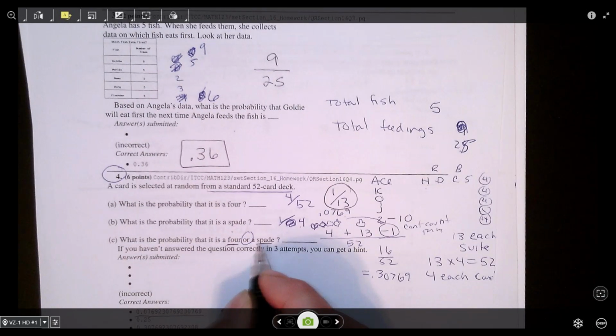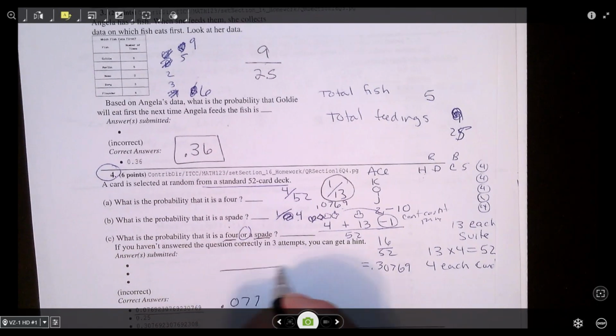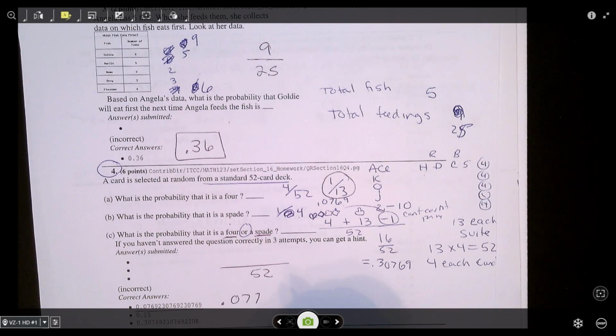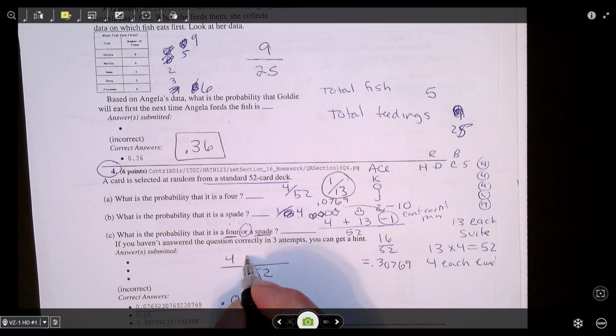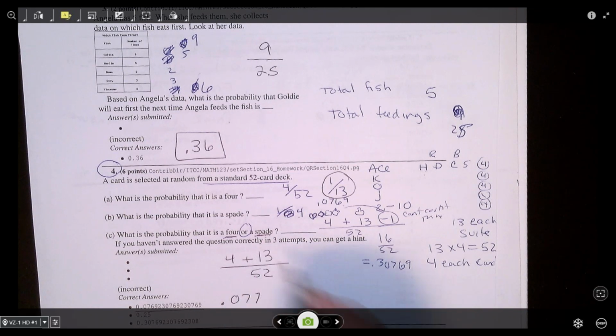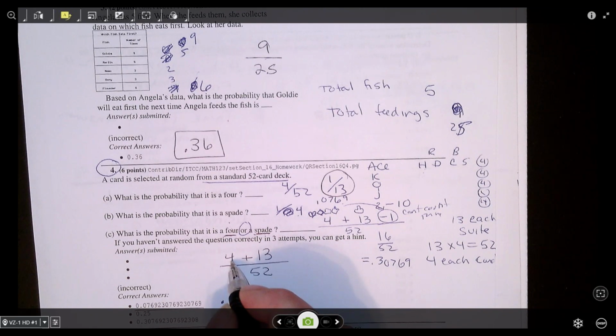Now here's where it gets tricky. A 4 or a spade. Let's think about that. We still know we're out of a total of 52. How many 4s do we have? We have 4 4s. And how many spades do we have? That's a quarter of the deck, which is 13. But this is where you've got to be careful. One of those 4s was a spade, and we can't count it twice.